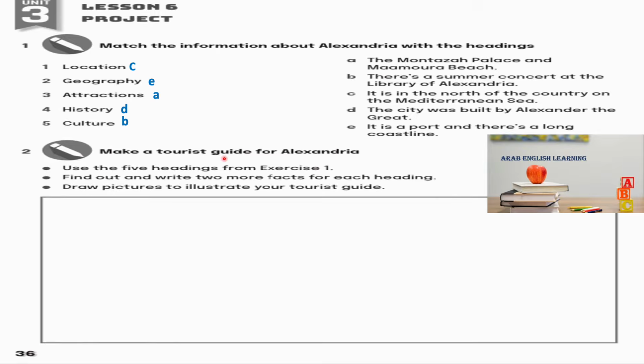Find the names, write more facts about Alexander the Great, and so on. And finally, draw pictures to illustrate your tourist guide. You can draw or stick a picture. Again, you can find it online, or you can draw from your own drawings here in the box. This is how you make a tourist guide about Alexandria.